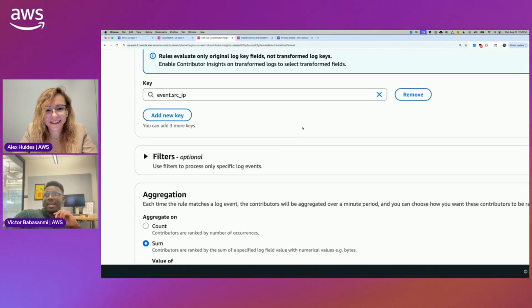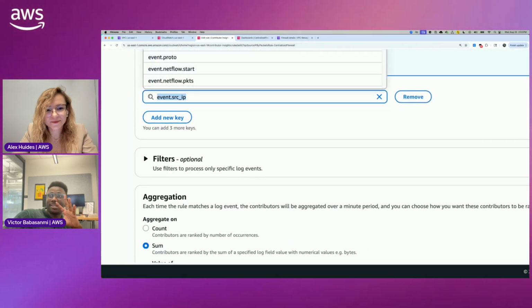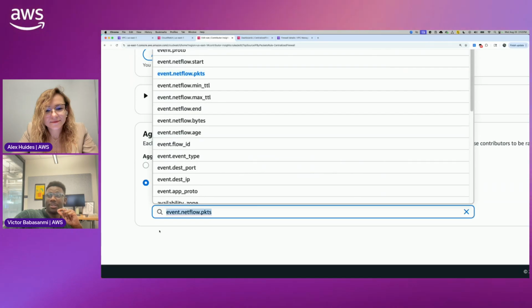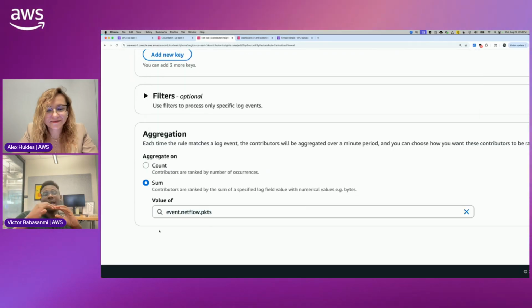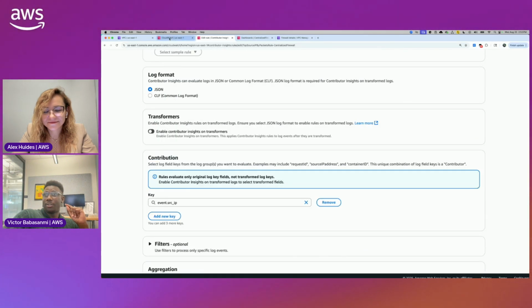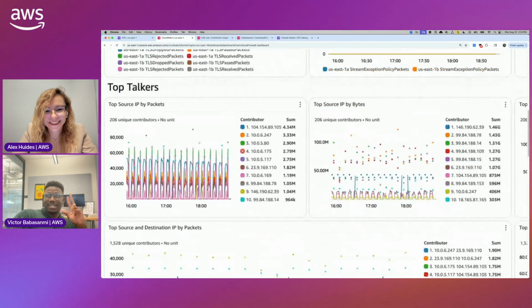I'm basically taking the IP address from my firewall log field, and I'm summing up the total number of packets. And so I'm able to get that ranking that you saw on the previous page. So nice, that's the second thing.